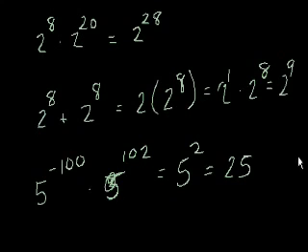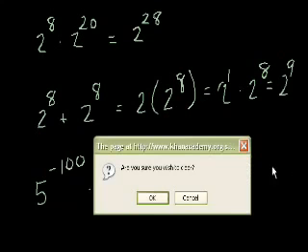Now I'm going to show you another one, and it kind of leads from the same thing. If I were to ask you what 2 to the 9th over 2 to the 10th equals. Well, that looks like it could be a little confusing. But it actually turns out to be the same rule. Because what's another way of writing this?